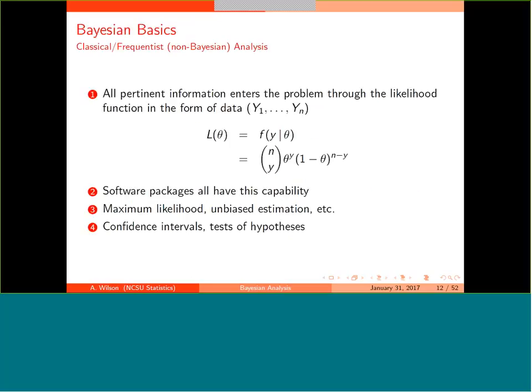And so here's a bit of math, but essentially the idea for the non-Bayesian analysis, often called classical, sometimes frequentist analysis, is that all of the information I have to solve this problem comes from these 11 data points that I have observed.